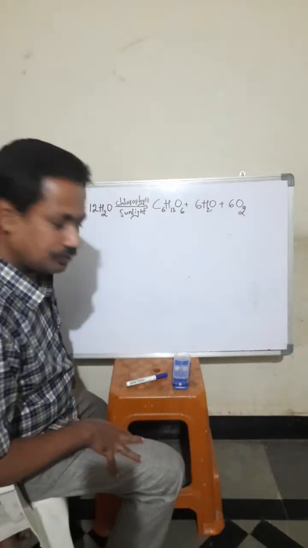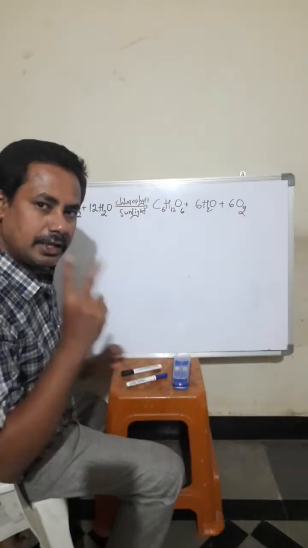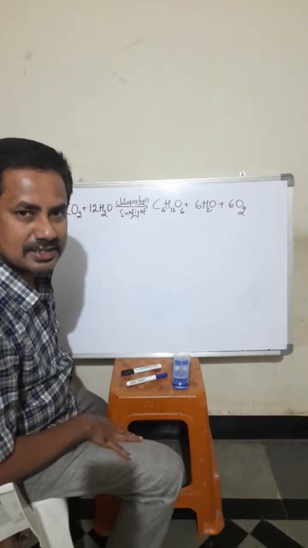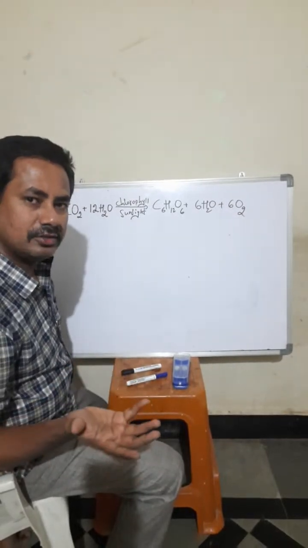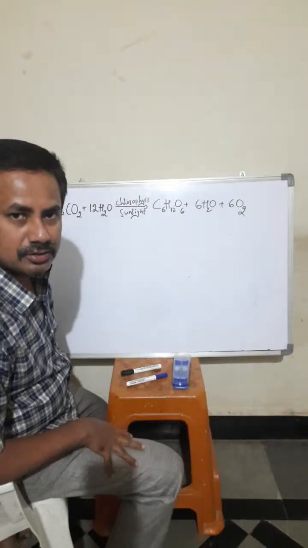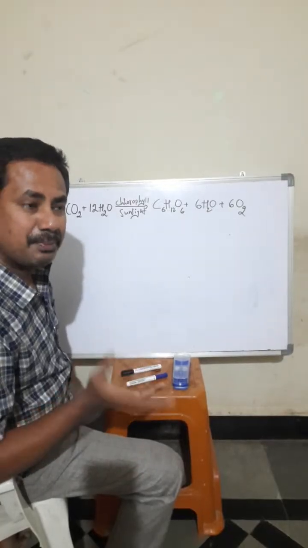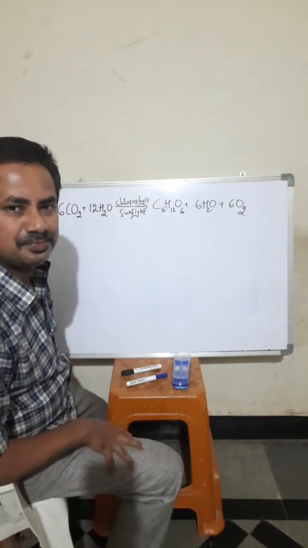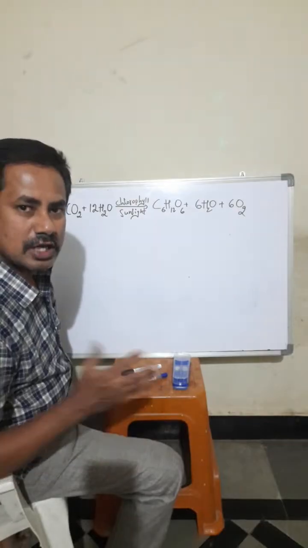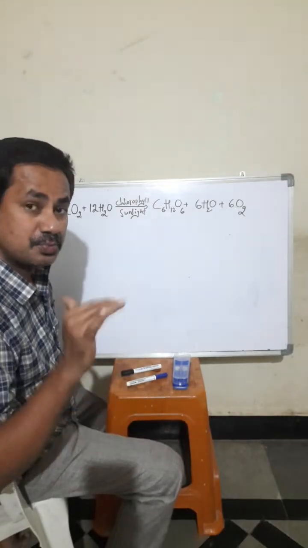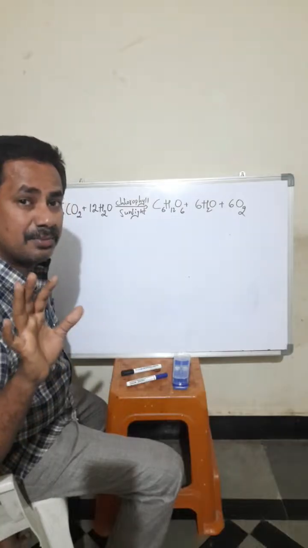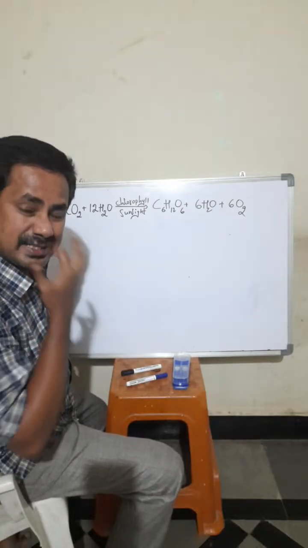Already we know in nutrition there are two types: autotrophic nutrition and heterotrophic nutrition. The organisms which can prepare their own food are called autotrophs.